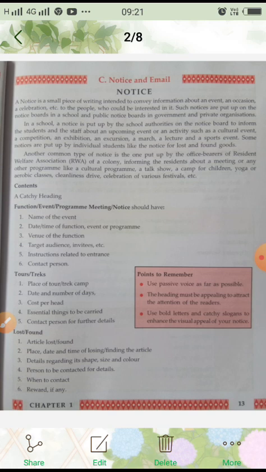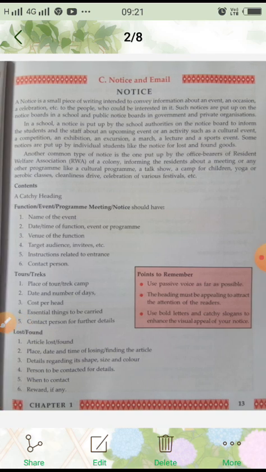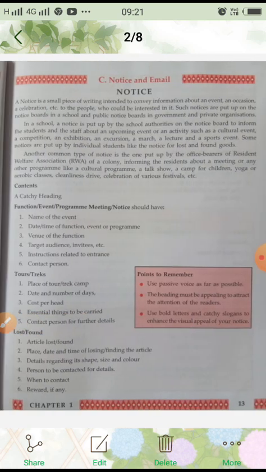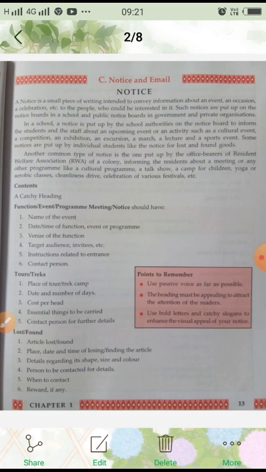So here a notice is a small piece of writing intended to convey information about an event, that is, if we have to give any kind of information to the public or to students about any event, any program, any function, any occasion, any kind of celebration, then we give such information through notice writing.